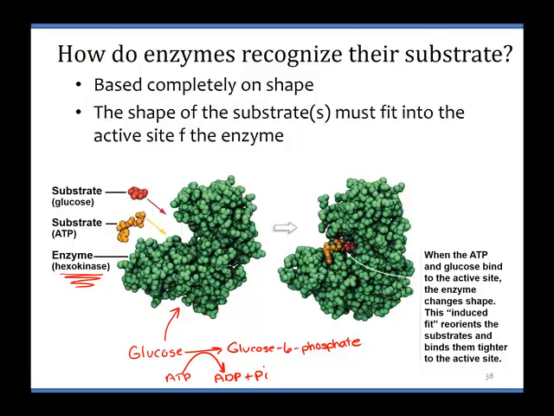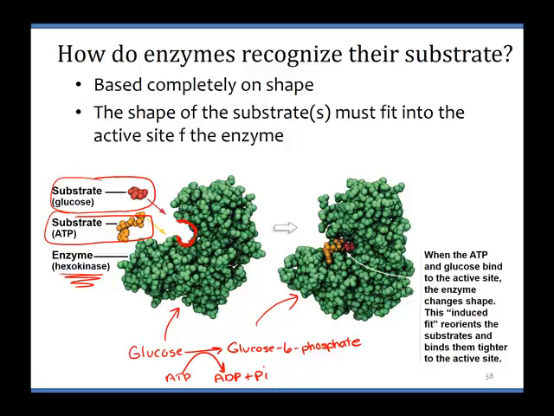So when we look at hexokinase, there's a specific area within the hexokinase, the active site, where both glucose, the substrate, and ATP, another substrate, will fit. And only glucose and only ATP will fit. So here we see that enzyme kind of curling around the glucose and ATP. That has undergone induced fit.